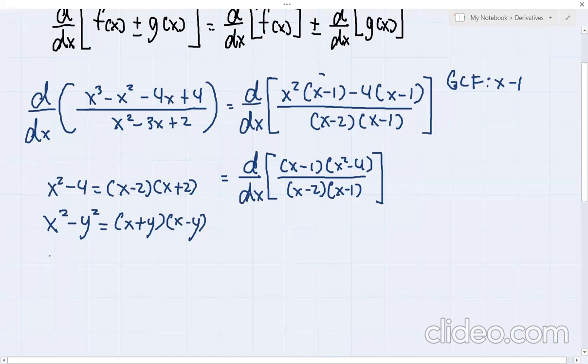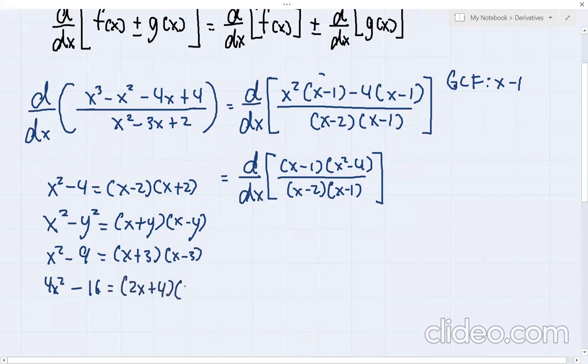So, kapag meron tayong x squared minus 9, this is the same as x plus 3 times x minus 3. Okay? So, kapag meron tayong 4x squared minus 16, meron tayong 2x plus 4 times 2x minus 4.